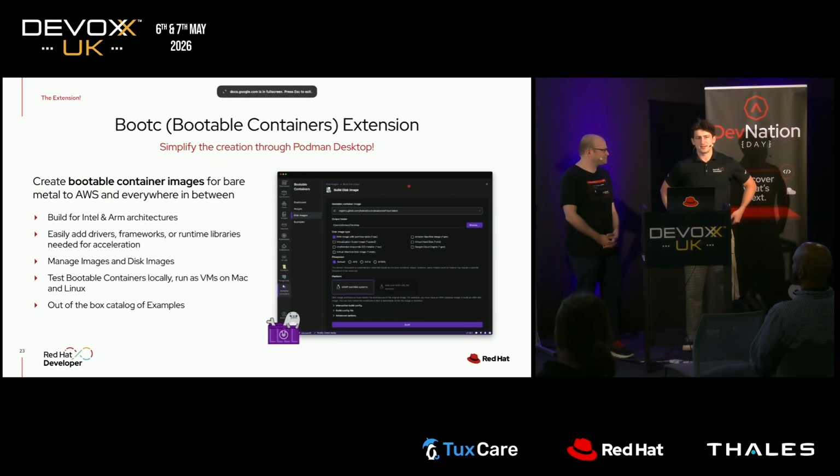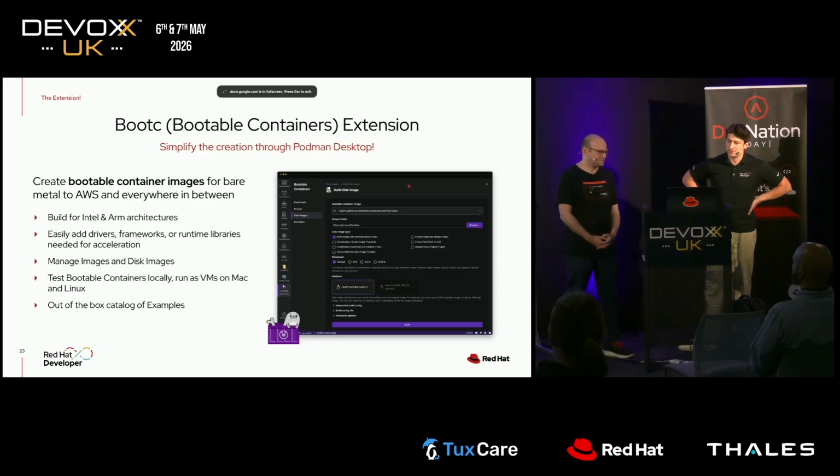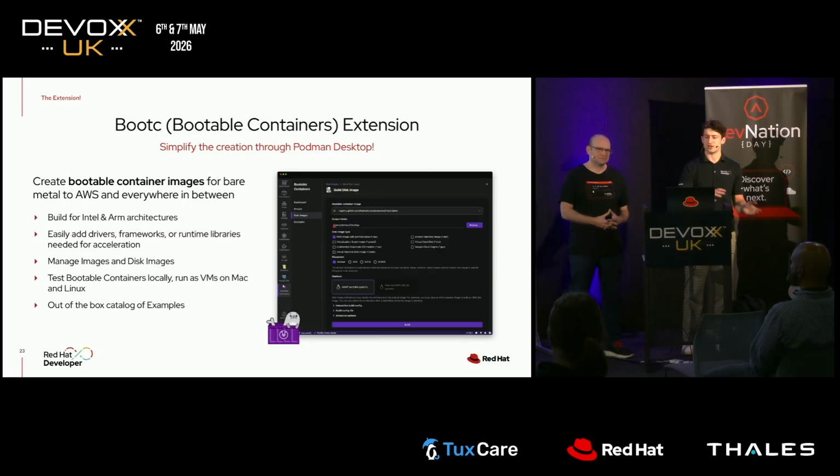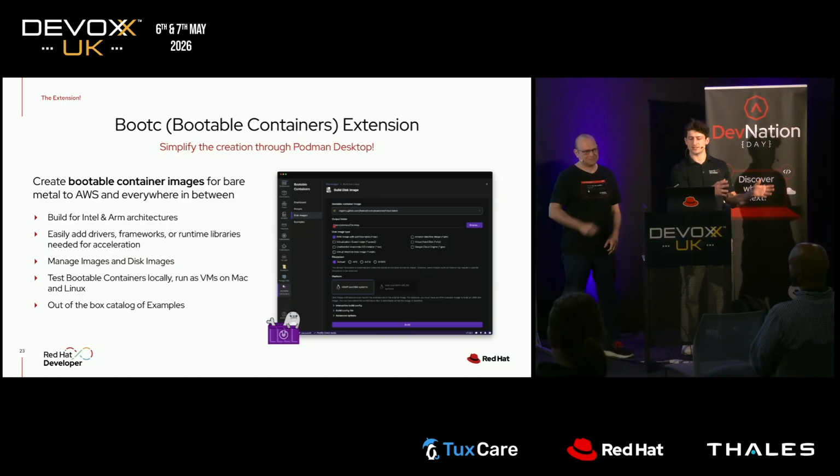Cool. And then to make this all happen, you could use Podman or your favorite container engine. Today we're going to be using Podman Desktop, which is a visual GUI for Podman that has an extension specifically for bootable containers. It allows you to generate your disk type, so we'll check out what this looks like in a second.